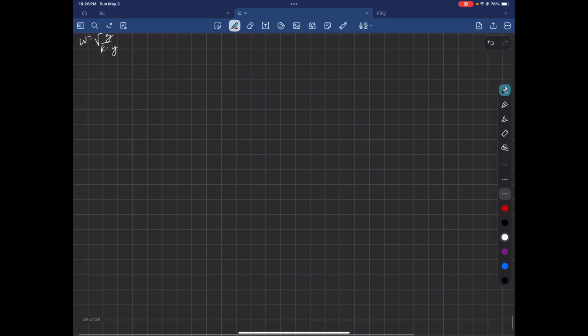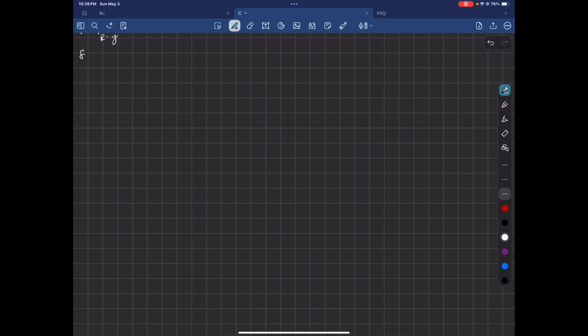For part F, we're asked to find the RPMs. And we're given a value here. Assuming that d and y are equal to each other, y would just be r over 2, since it's just half.